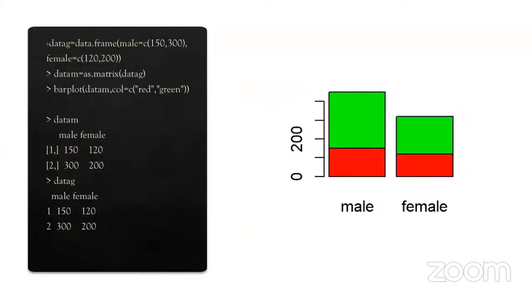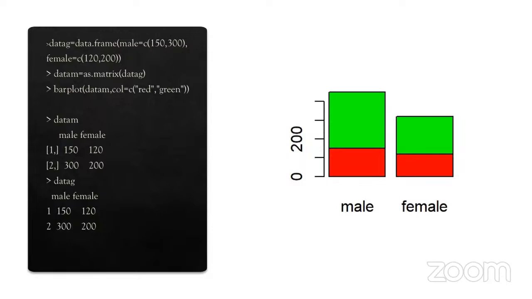Next. Yeah, this is the stack bar chart. Here you can find out the data frame. Male is 150 and 300, and female is 120 and 200. So that is the two categorical data. And next, creating one vector that is datum.